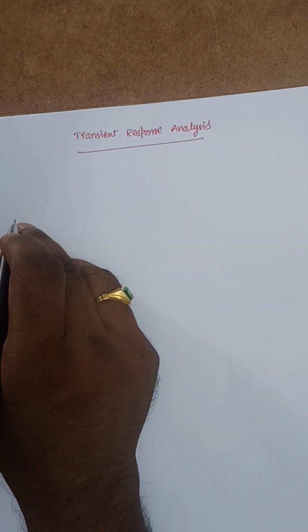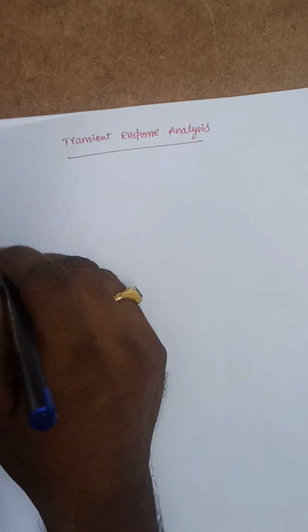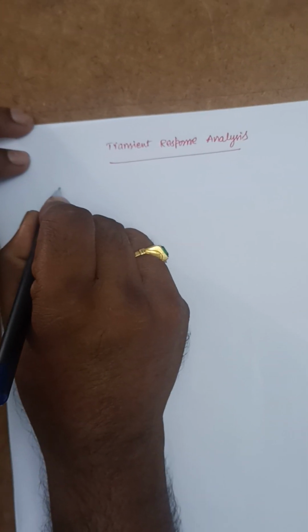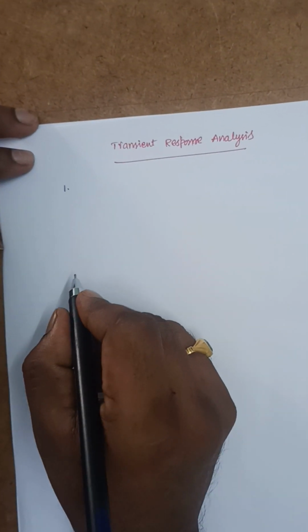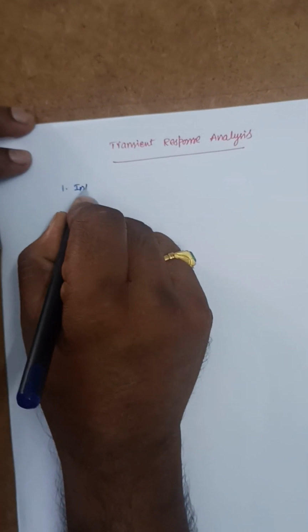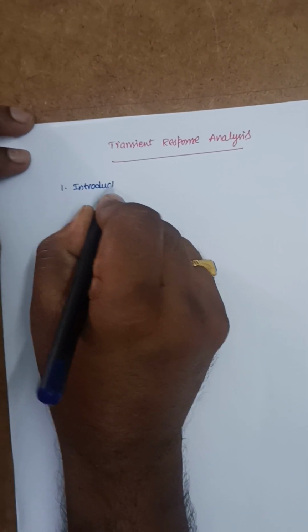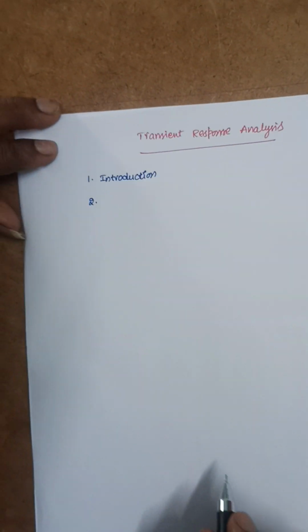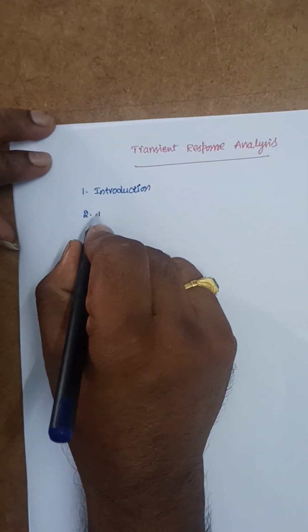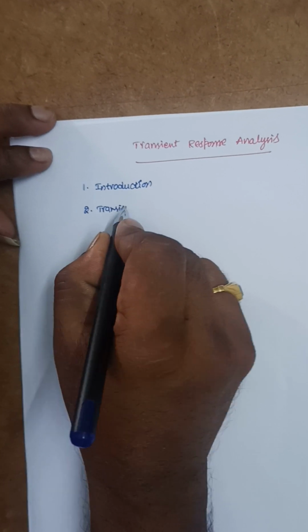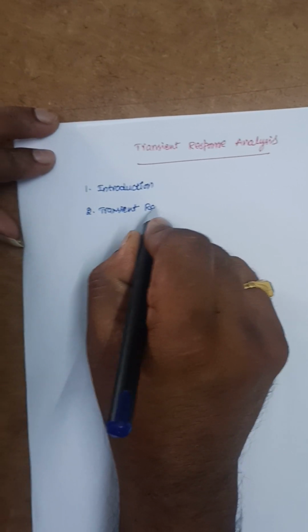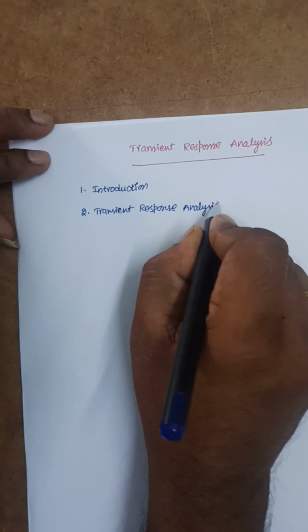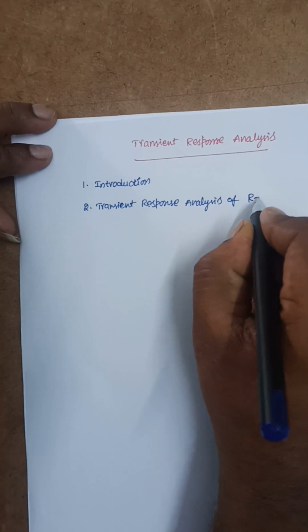This concept mainly has four parts. First one is introduction. Second one is transient response analysis of RL circuit.